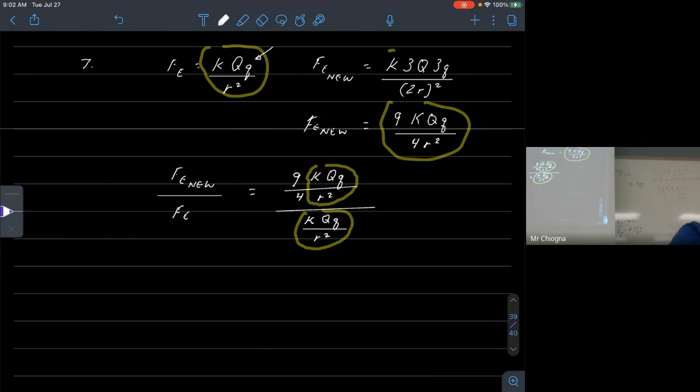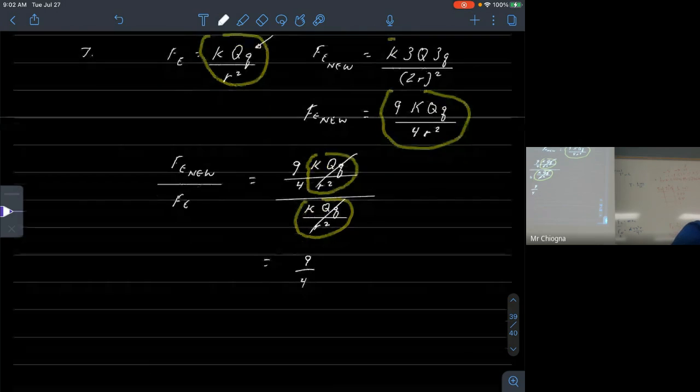They cancel each other out, leaving you just with 9 over 4. And we're told that the original force, the old force, is 4.4.